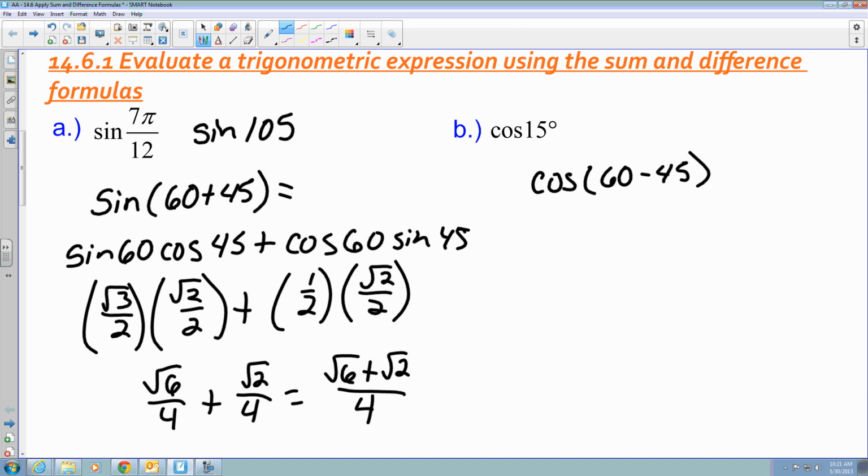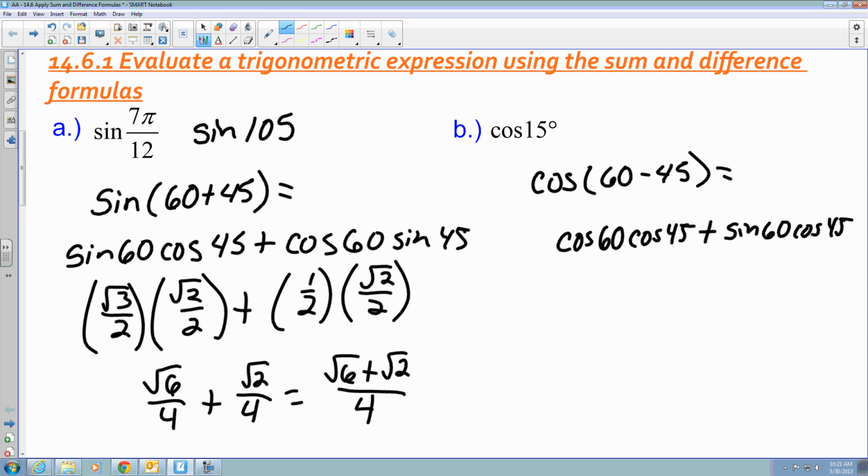So using the formula, I'm going to say that this is going to equal the cosine of 60 multiplied by the cosine of 45 plus, because it's plus in the formula, the sine of 60 multiplied by the sine of 45.